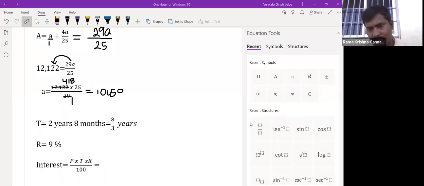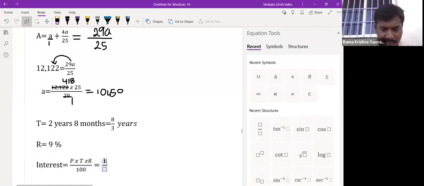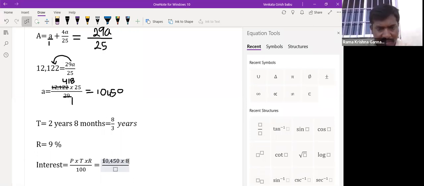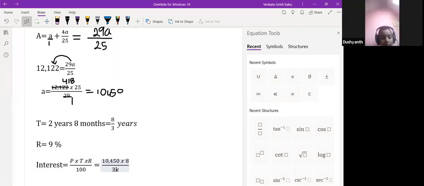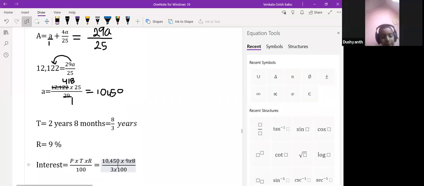Time is 8 by 3 years, into R, which is 9, by 100.